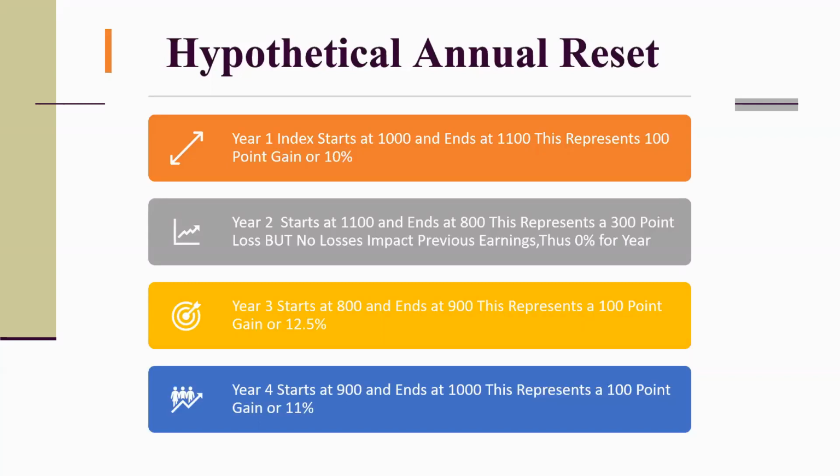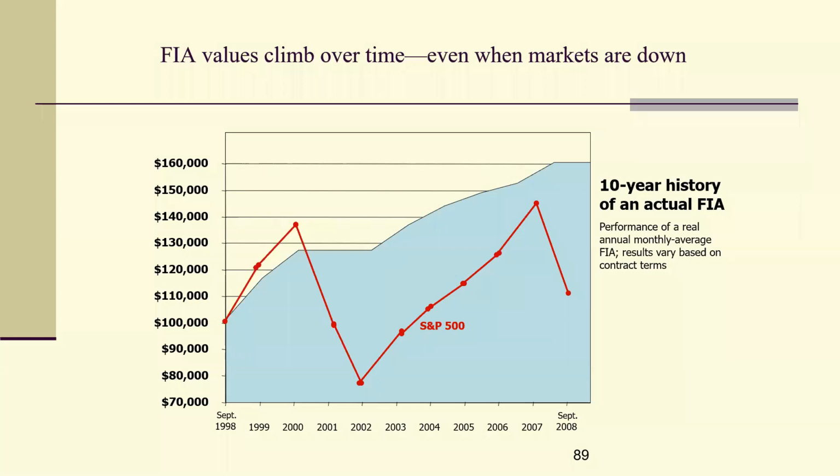Let me illustrate what I'm talking about in a graph. Now, this is a comparison of how you would have experienced both gains and losses depending on whether you were invested in a market-based investment where you incur losses over time, as opposed to an annuity where you experience none of those losses.